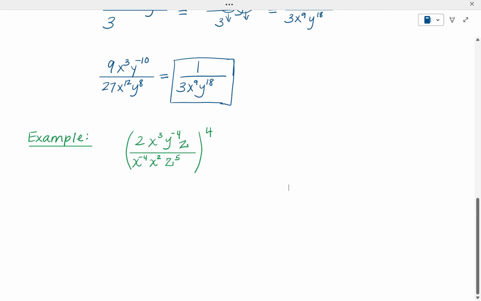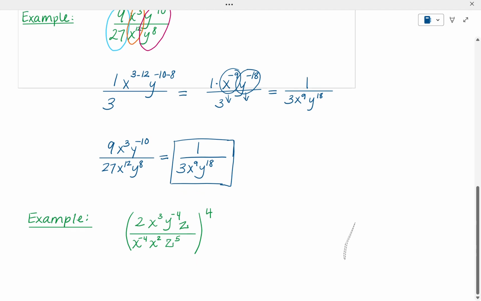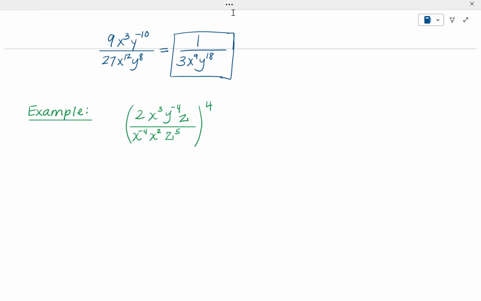So right now we have, what color did I use for x? I used orange. So we have the x's all right here. We have the y's right here. Oh, we just have one y. One y right here.